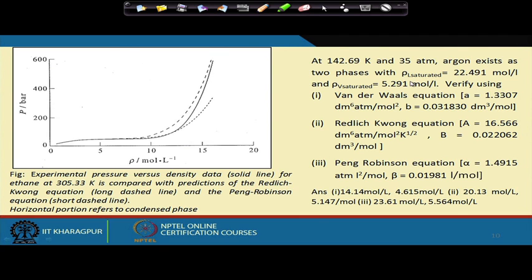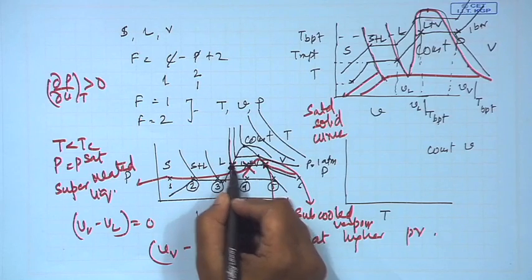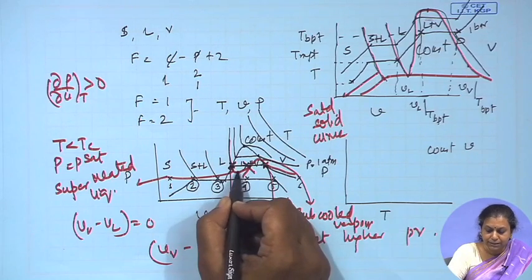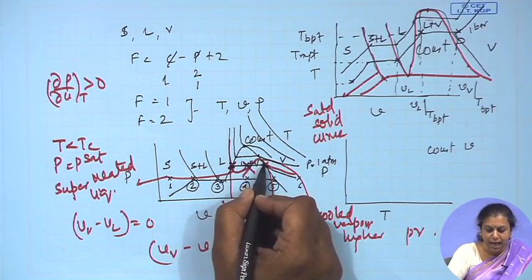I would like you to verify this using the van der Waals, Redlich-Kwong and the Peng-Robinson equations of state. Remember, for all of these you are going to get 3 roots for the volume, and as I have mentioned, the 3 roots correspond to 3 points joining the horizontal line, such that the area under and the area above the horizontal line are equal.